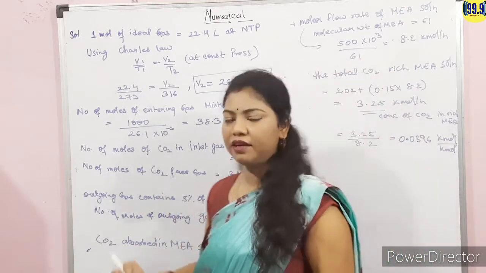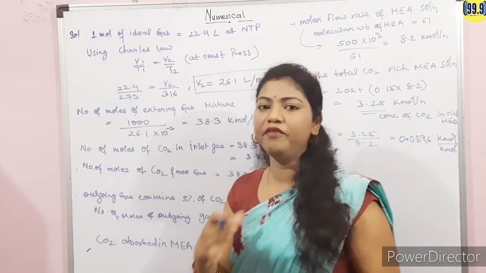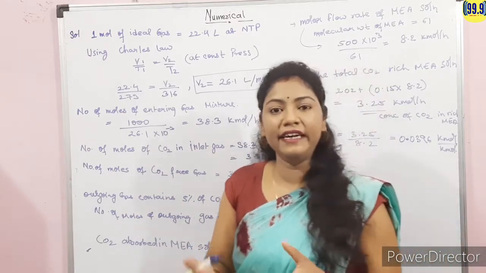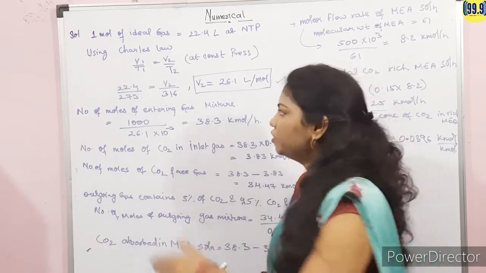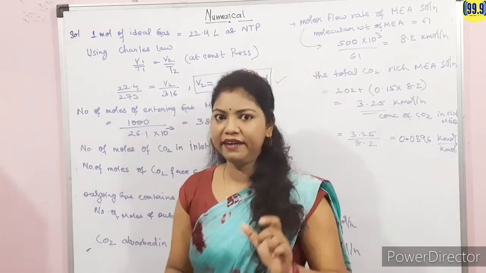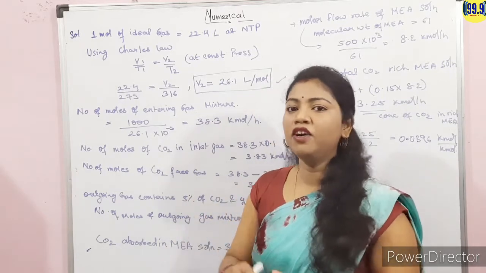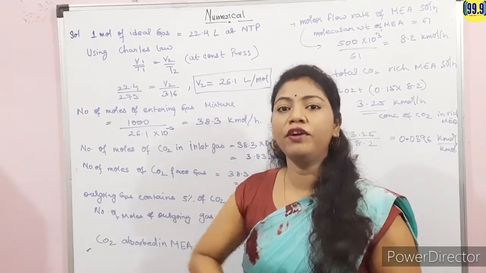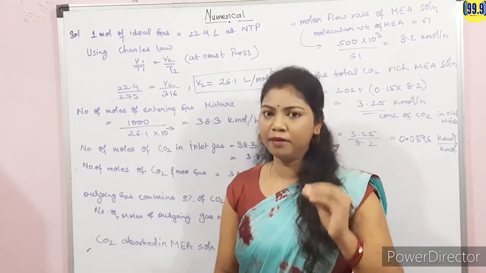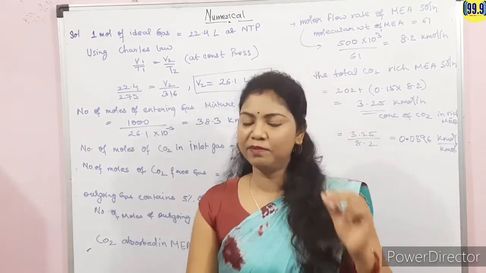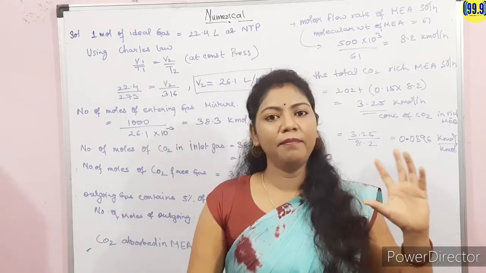Now we are going to calculate the number of moles of the entering gas, so that we can calculate the number of moles of carbon dioxide present in the entering gas. There are three formulas for calculating the number of moles, which I already explained in my previous video, which you can see in my playlist.